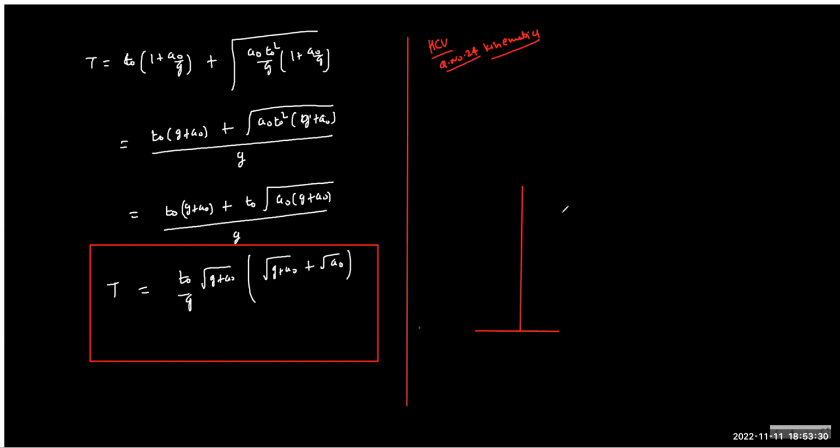Half a naught t naught square. Excellent. So this will act as height, h. And by that time, how much velocity will you gain? A naught t naught. So that will act as u. And then it's simple, no? It will come like this.